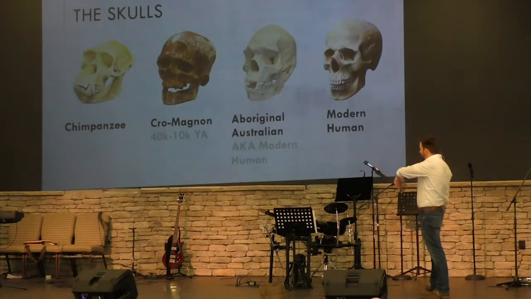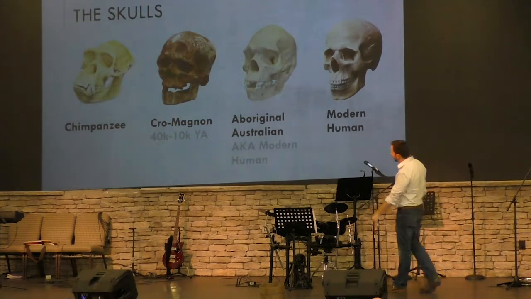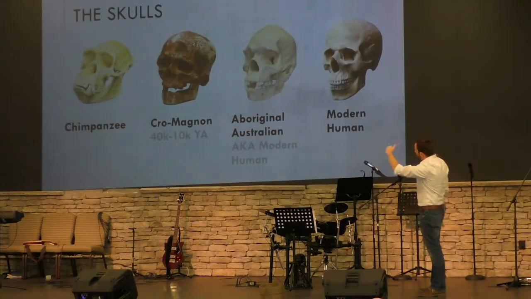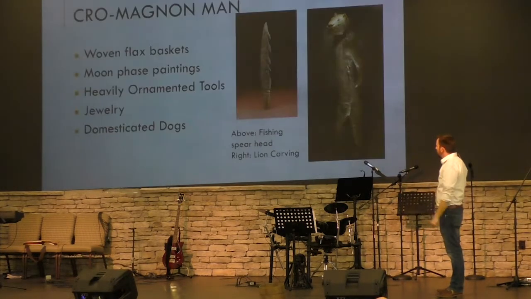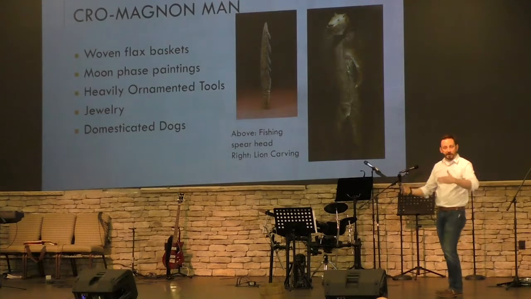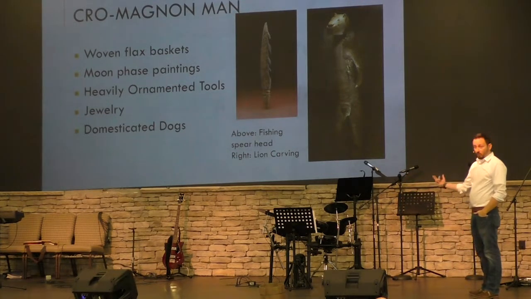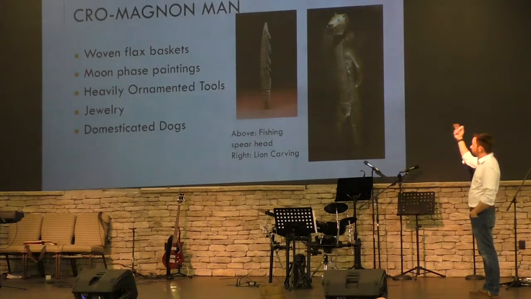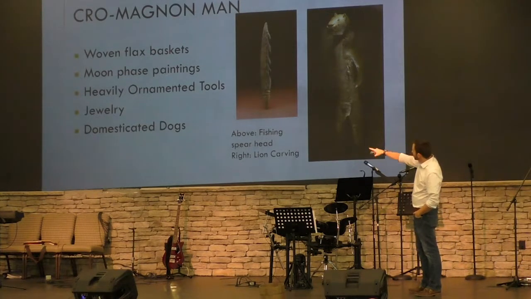Go back a little further, supposedly between 40,000 and 10,000 years ago is the Cro-Magnon man. I put in between the chimp and the Aboriginal Australian there, just keep swapping that skull out. Cro-Magnon man is supposed to be an even earlier version of caveman, but with Cro-Magnon remains, we find woven baskets, paintings of moon phases, heavily ornamented tools like this fishing spear that you see here, jewelry.